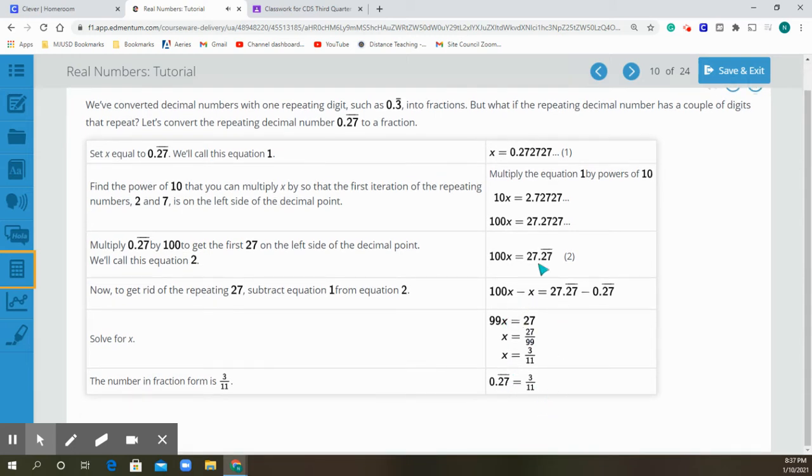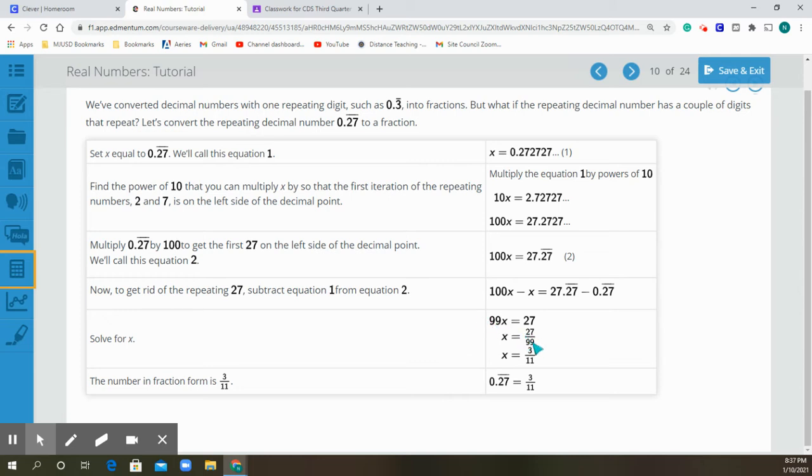So they took the decimal form of 27, 27, 27 repeating and made it into a fraction. Now, 27 over 99. They divided by 99 to get rid of the 99 times x. So they divided it over here.